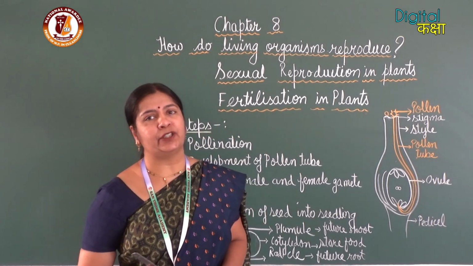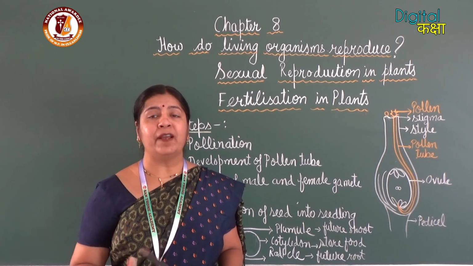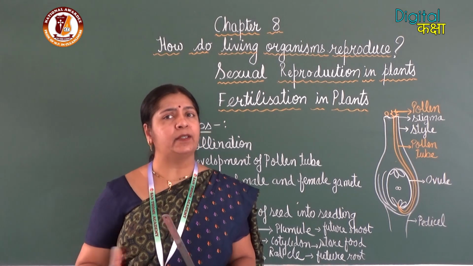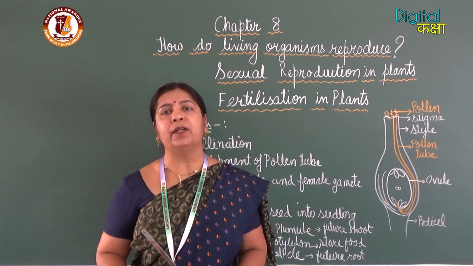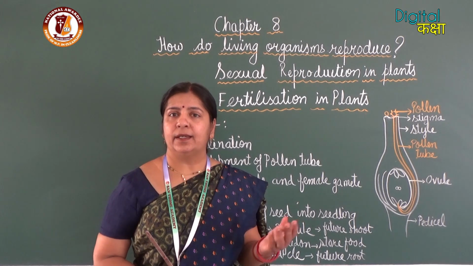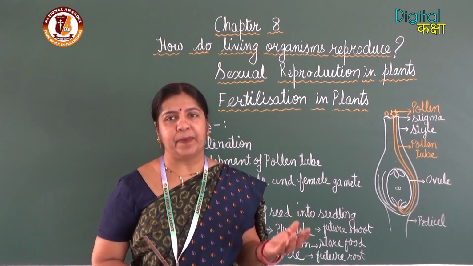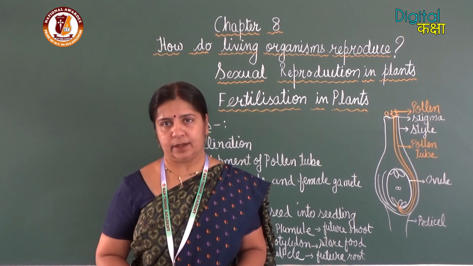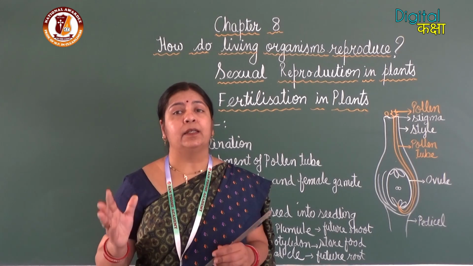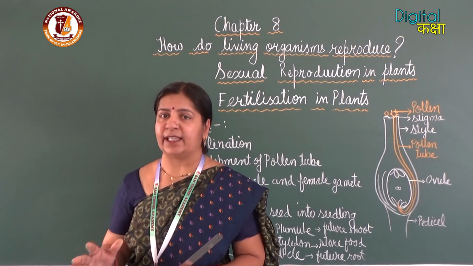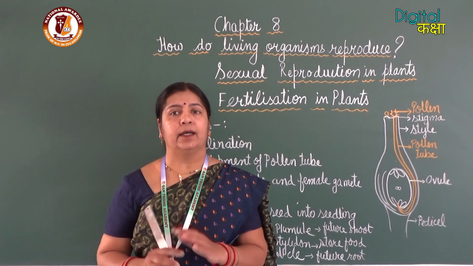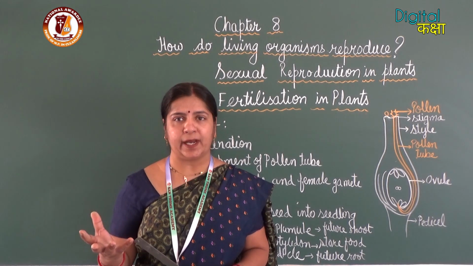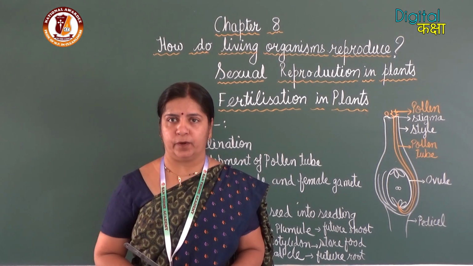Once the fertilization takes place, after that there is no use of the other parts of the flower, that is stigma, style, sepals, petals, etc. So once the fertilization is over and zygote formation takes place, then the remaining parts of the flower will start drying up and they will fall off.